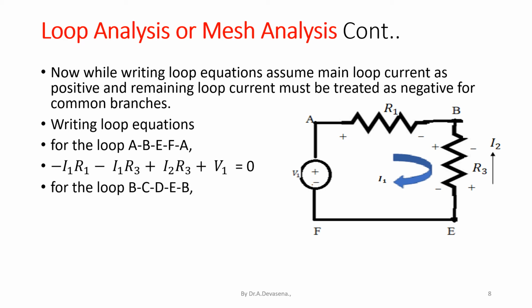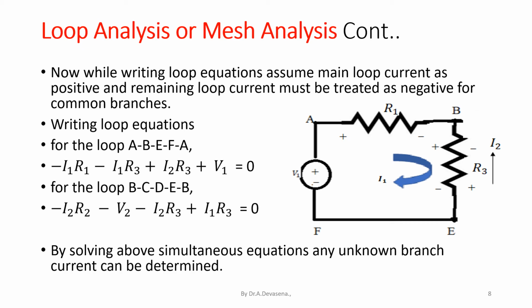For the loop B, C, D, E, B, the equation is minus I2R2 minus V2 minus I2R3 plus I1R3 is equal to 0. By solving the above simultaneous equations, any unknown branch current can be determined.